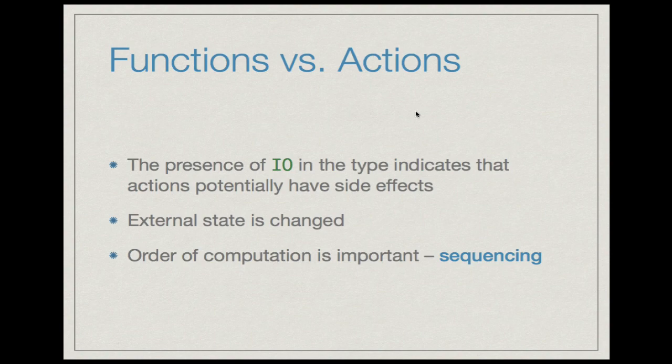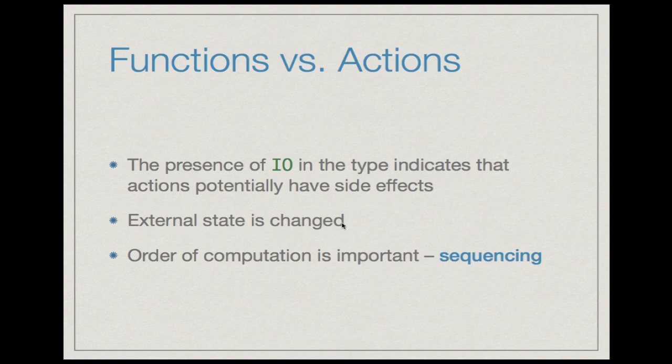In contrast to functions, actions usually have side effects, and Haskell maintains this distinction by designating their output types with an IO. The presence of an IO in the type indicates that actions potentially have side effects.